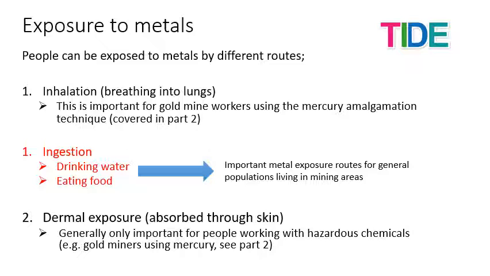However, generally speaking, for the majority of people, ingestion is the most important exposure route for uptake of metals into their bodies. And so that's the exposure route that we're really going to focus on in more detail.